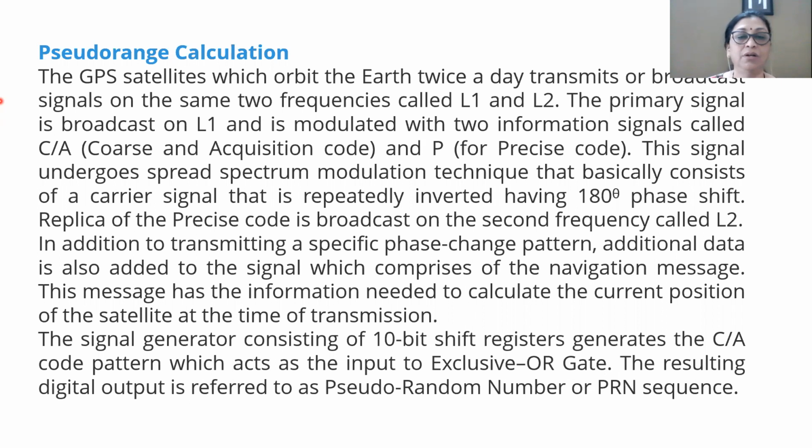So here, in addition to this specific phase change of 180 degrees in the carrier, additional data is added to this pattern. This additional data consists of the navigation message.